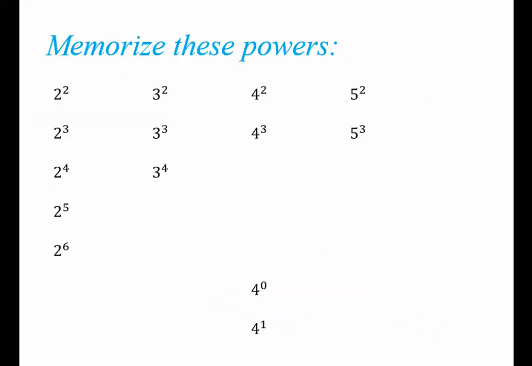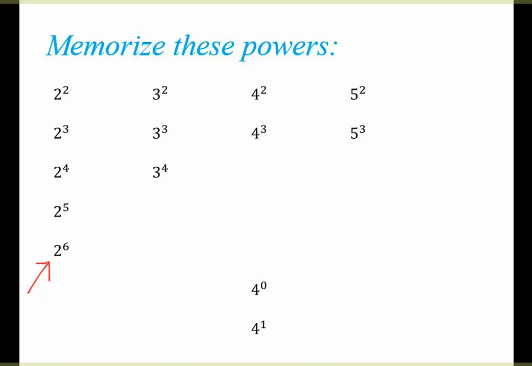Just like you memorized times tables in elementary school, it's a good time to start memorizing some of your powers, because it's going to make your work a lot more fluid. A good test to see if you've already done this is if I ask you right now, what do you think 2 to the 6th power is? You either know it or you don't.